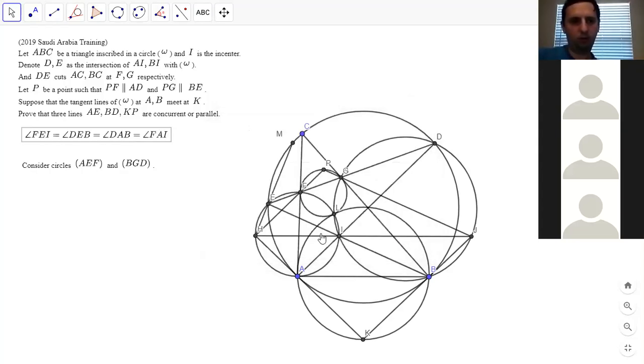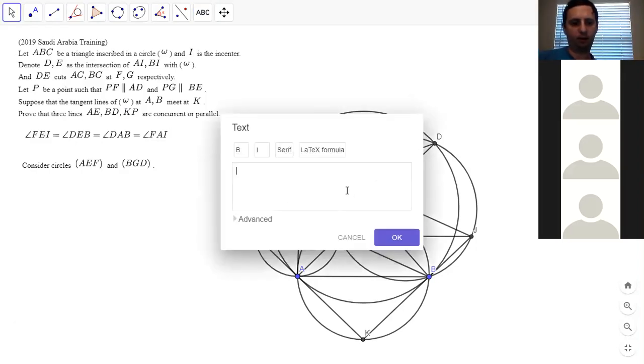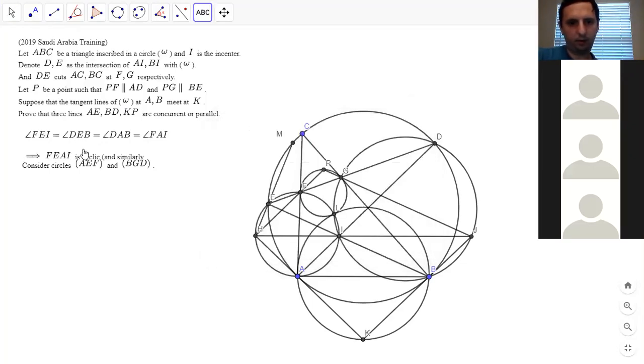And so that implies that FEAI is cyclic. The DGIB is cyclic.